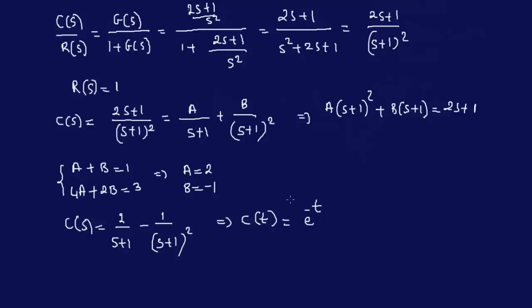I'm not sure if we have to put a constant or not. Let me see. Okay, and 1/(s + 1)² would be t e^(−t). Yeah, and that's pretty much it. So this is your system response.